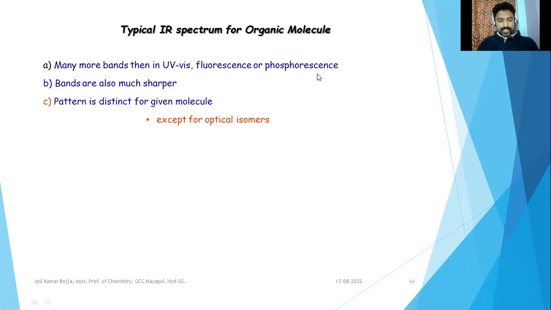D glucose, in the sense that the D is not the capital D. The D is a small d. Let me write here. See, this is capital D and this one is small d.